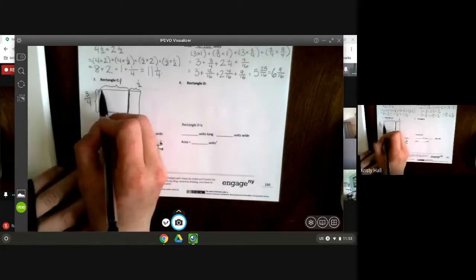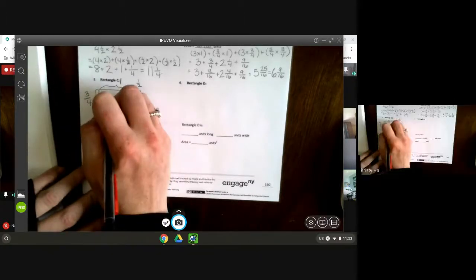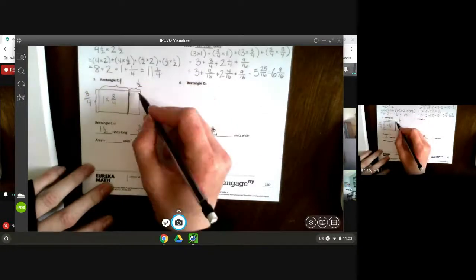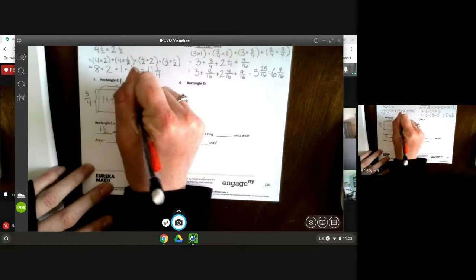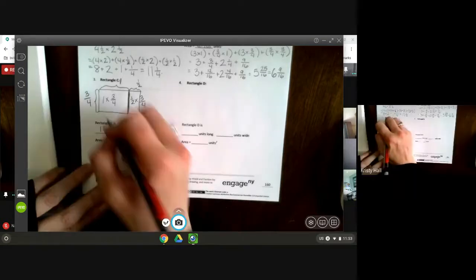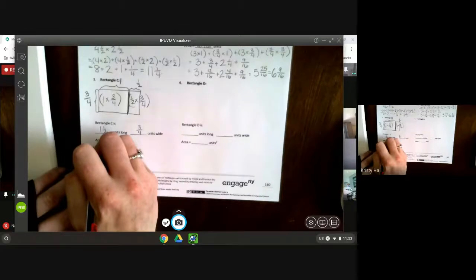So again, I'm going to use the length times the width. So in my first box, I'm going to multiply 1 times 3/4. And in the second part, I'm going to multiply 1/2 times 3/4. What's on the inside of each one becomes my multiplication expression.